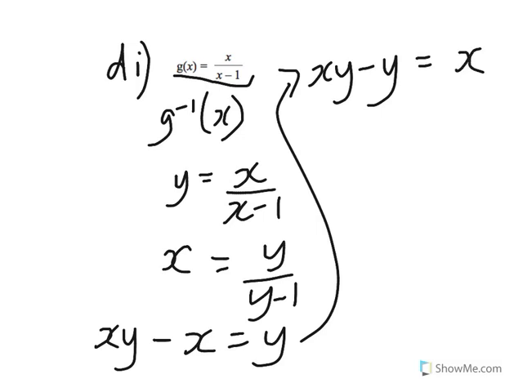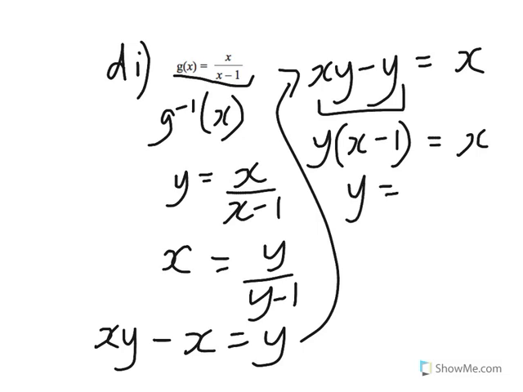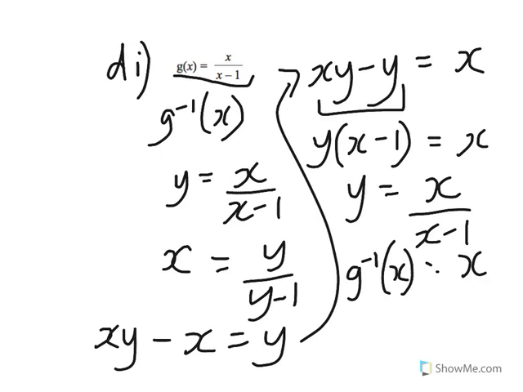If I factorize y out of this side, I get y times x minus 1 is equal to x. Divide both sides by x minus 1, and I get y is equal to x over x minus 1. So g inverse of x is equal to x over x minus 1.